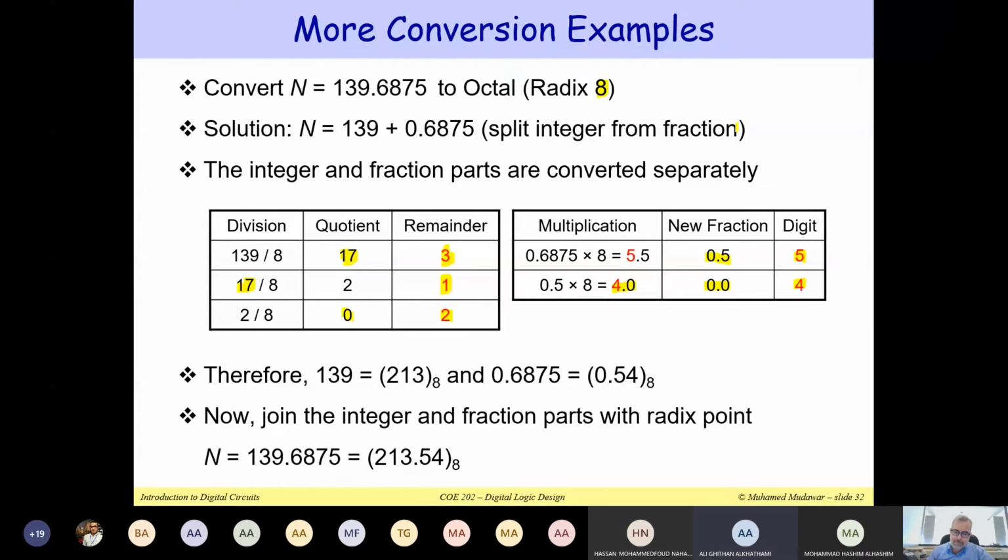It's the highest digit you can use plus 1. In the case of radix 8, the digits will be from 0 to 7. We have seen that in a previous slide. If you are using radix R, then you can go from 0 to R minus 1. These are the digits. So when the radix is 2, we go 0 and 1. Decimal, we go from 0 to 9. That's what it means.